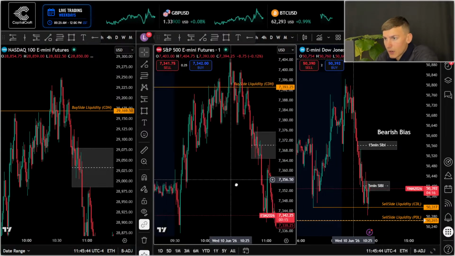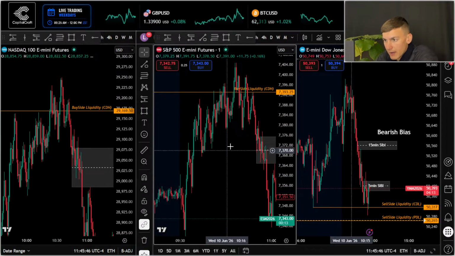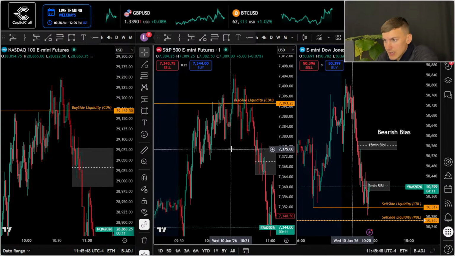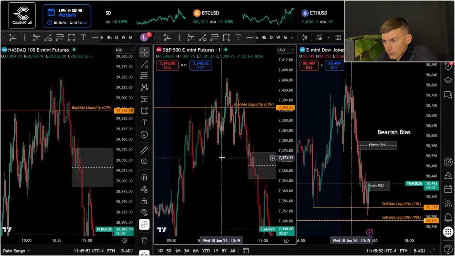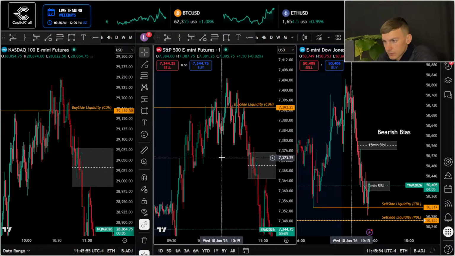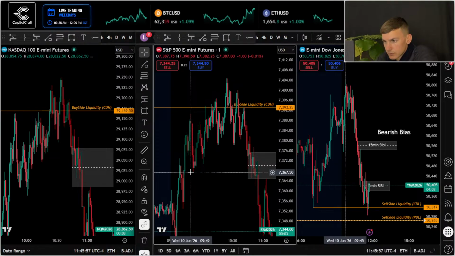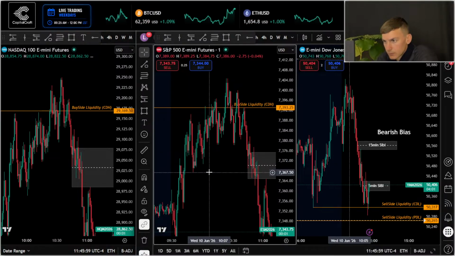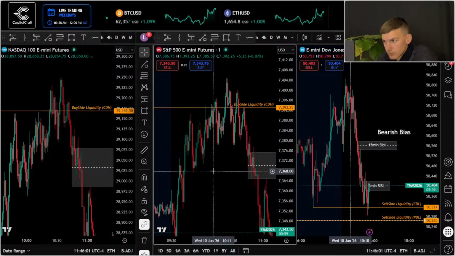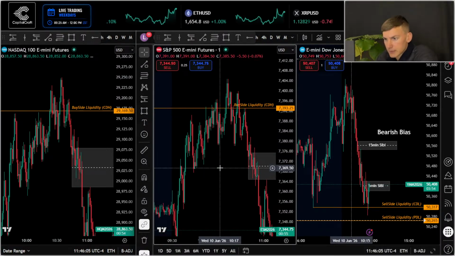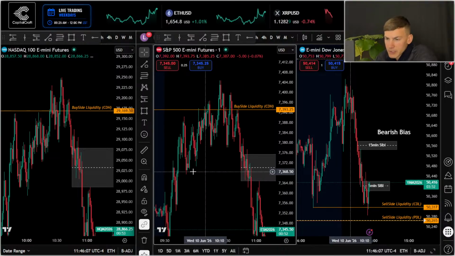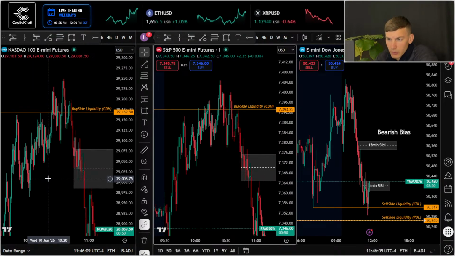We had our common 5-minute PD array on the S&P. We're just gonna have to play around with that particular model a little bit more, backtest it a little bit more. But we essentially know what we've done wrong.